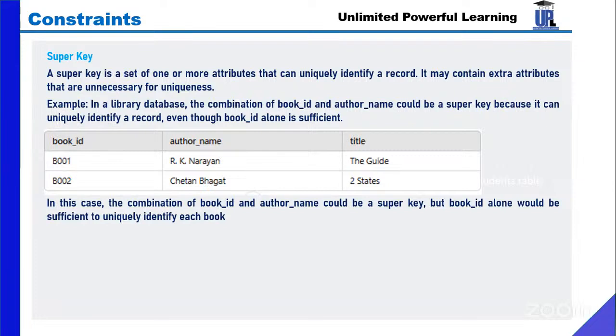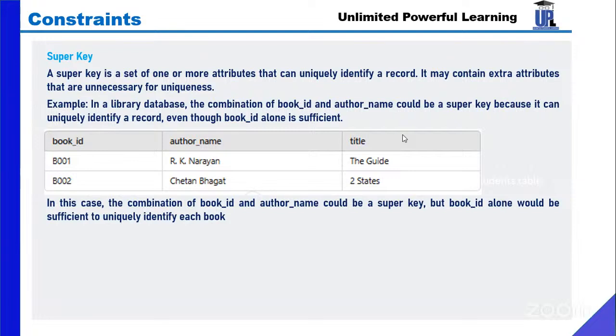Then we draw a simple diagram called an ER diagram. Once you write that ER diagram, in those columns we segregate what conditions or rules to put: primary key, foreign key, unique, super key, and candidate key. So I think this is clear for all of you, right?